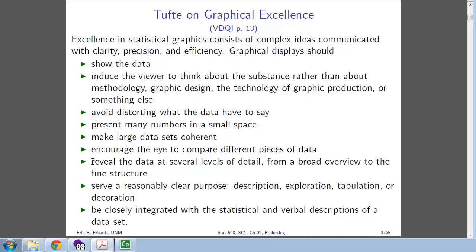Are you describing the data? Are you exploring the data? Are you providing some tabulation and summaries? Try not to be decorating the data so much, and be closely integrated with the statistical and verbal descriptions of a data set. So you can plot the data, you can put a regression line over a scatter plot, for example, and you might incorporate other text in there to indicate which hypotheses you're testing and so on.